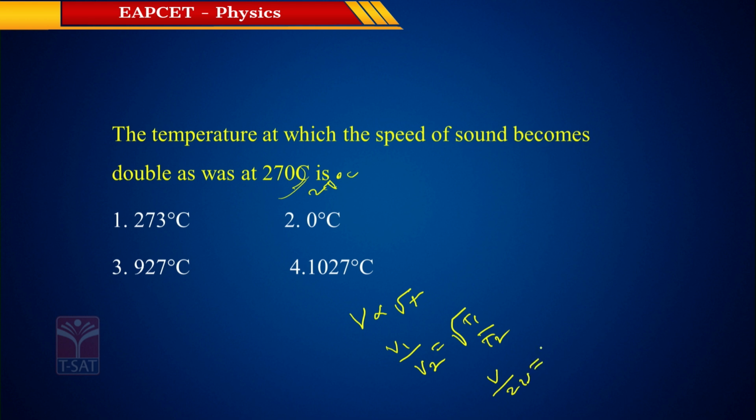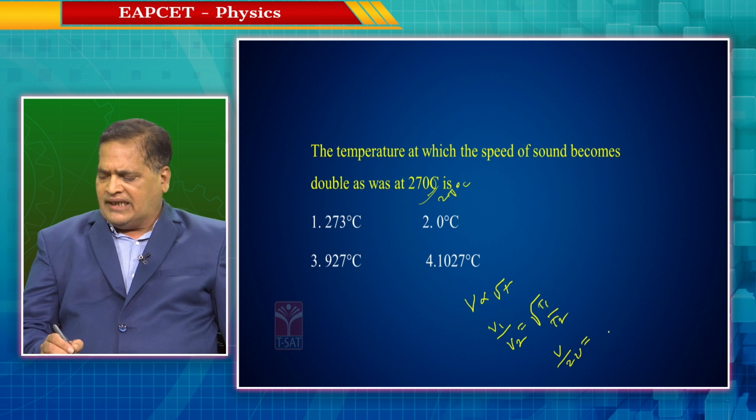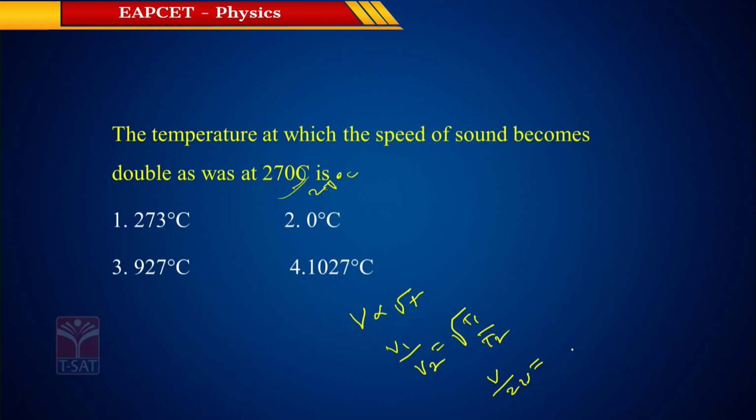Okay, this is equal to root T1 by T2. Next, the T1 value you can take. What is the T1 value? 27 degrees is given. 27 plus 273, you convert degree centigrade to absolute temperature, Kelvin temperature, so 300 is T1, by root T2.